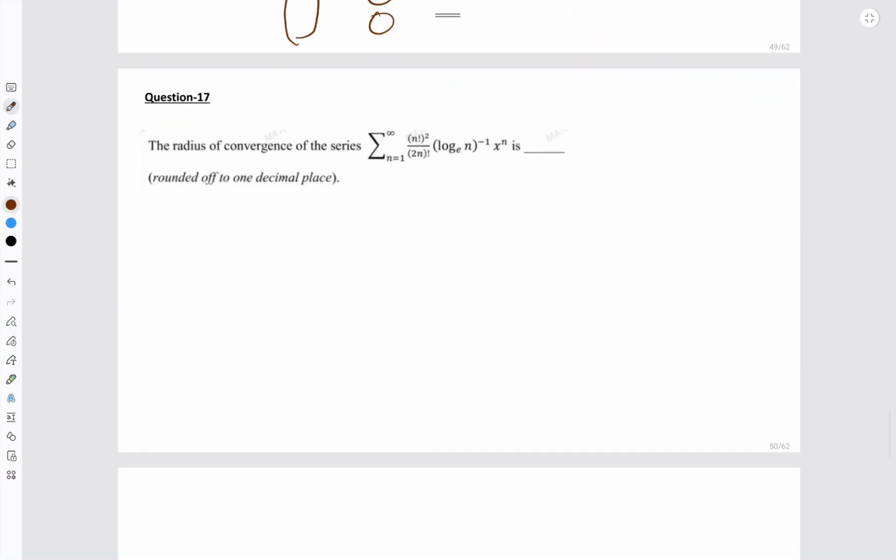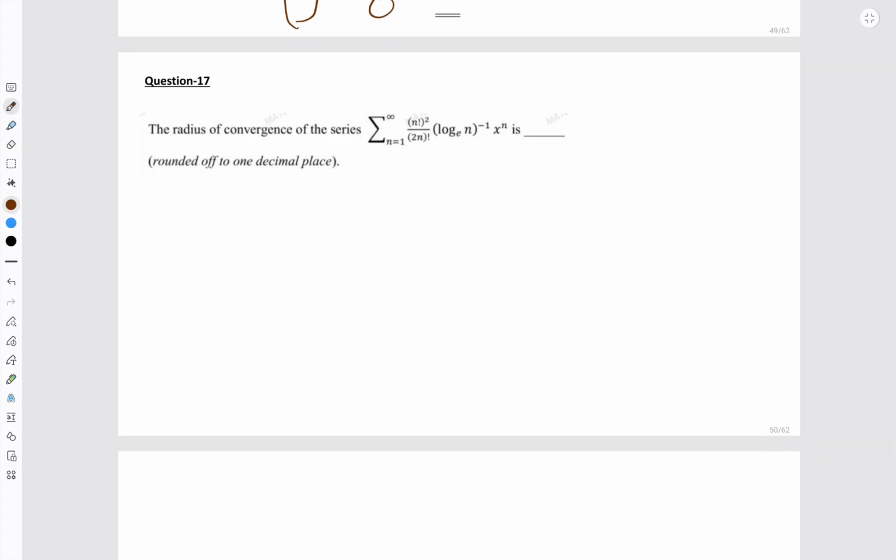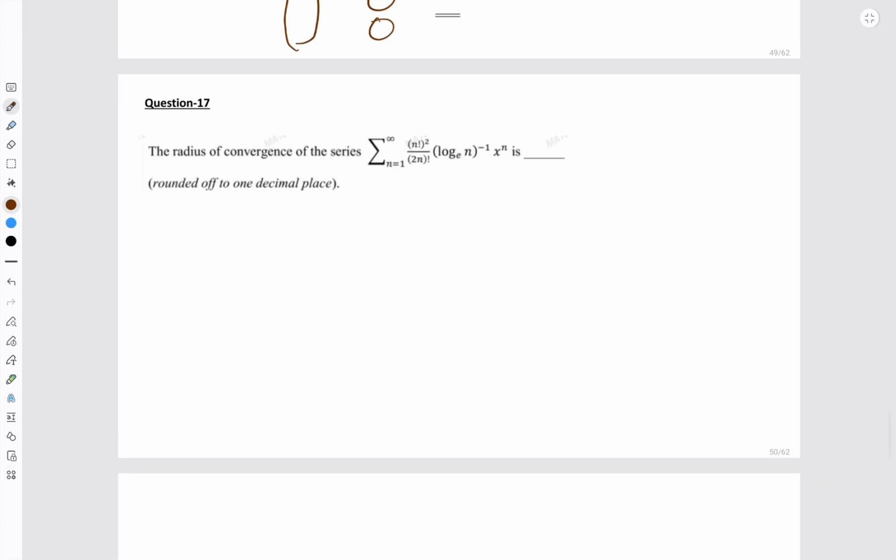Let us move to question number 17, the radius of convergence of this series. So let us expand this once. N is equal to 1 to infinity, n factorial square is basically n factorial n factorial, it is 2n factorial, 1 by log n, xn.